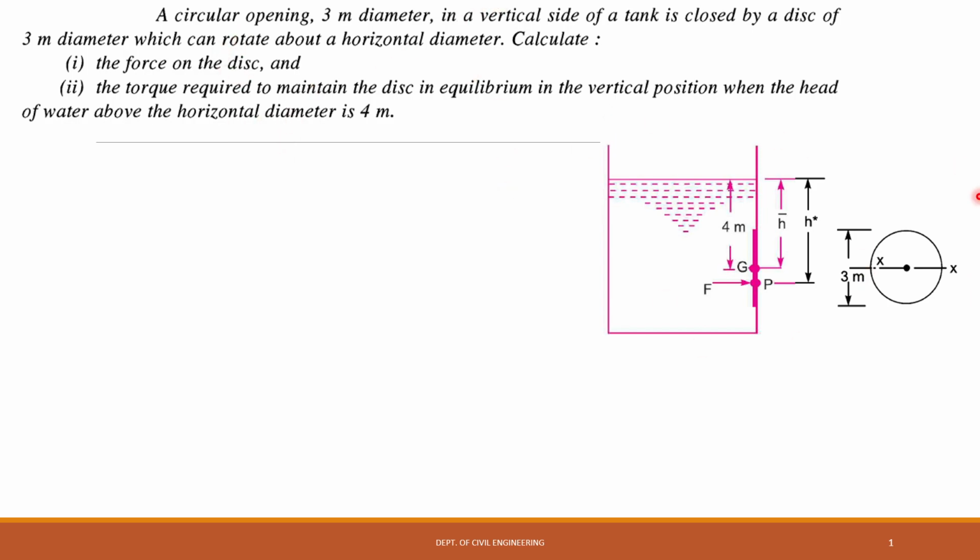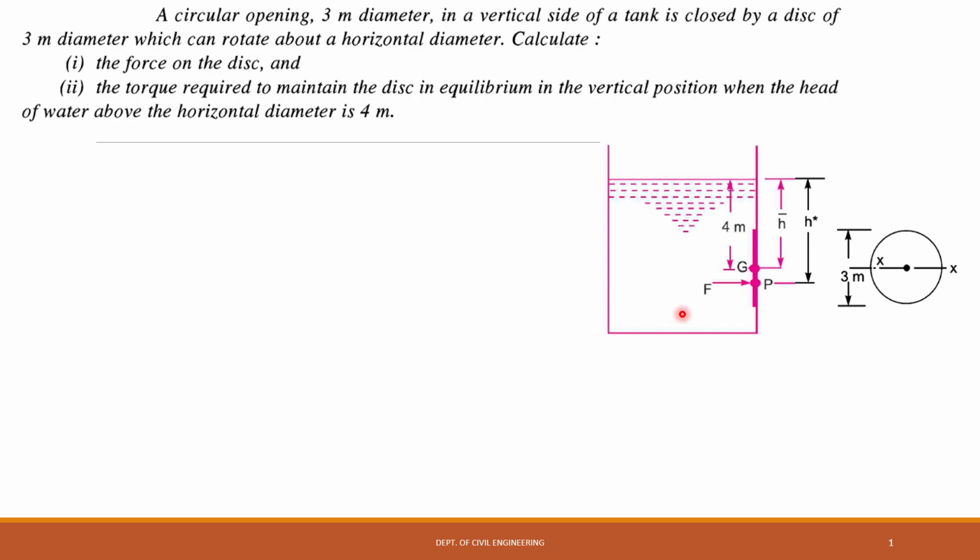Hope the question is clear. Now here point G and point P are marked. What is G? G is the center of gravity of the disc. It will be at the center, midpoint. What is P? P is the center of pressure. So from this water there will be a pressure force acting, and P is the point of application of that force.